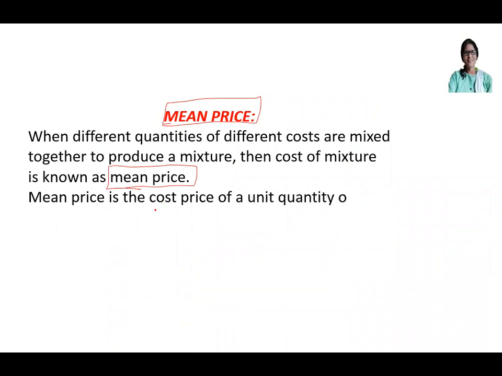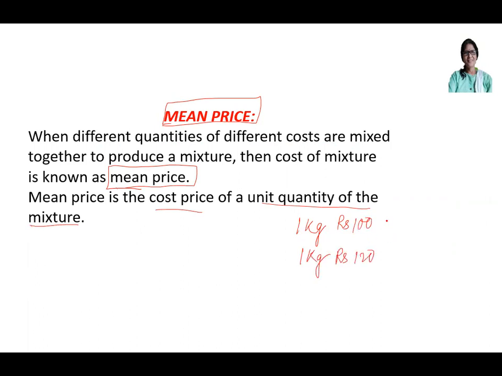Mean price is the cost price of a unit quantity of the mixture. That means after mixing two types of things, suppose for example 1 kg of rice I bought for ₹100 and another one per kg I am taking at ₹120.